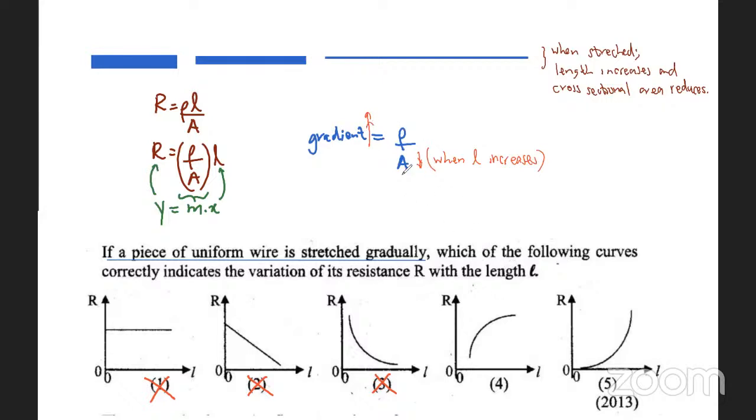So we are looking for a graph with increasing gradient. Therefore, what is the answer? 5th one. Gradient means the slope should keep on increasing. As you can notice here, the slope keeps increasing. See? Slope means the angle it creates with the horizontal, and here it keeps increasing. So 5th one.